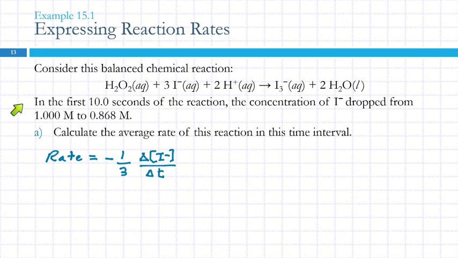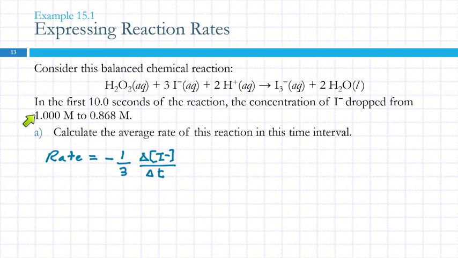So in words here, they gave us the information we need to find delta [I-] and delta t. And just in case you don't remember, when we put a chemical formula inside of brackets, we generally mean the concentration in moles per liter of that thing. So this is the change in the concentration.